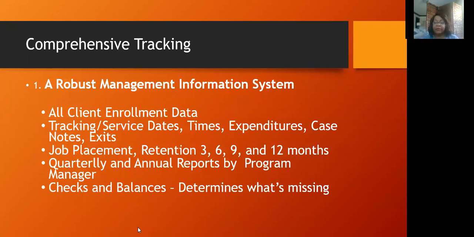Let me give you an example of that. If you have an MIS system that's identified as a checks and balance screen, that screen can tell you that you may be missing the wage that an individual received once they started their job.